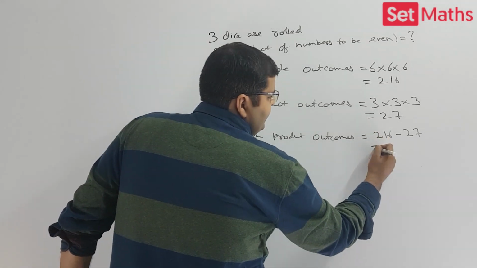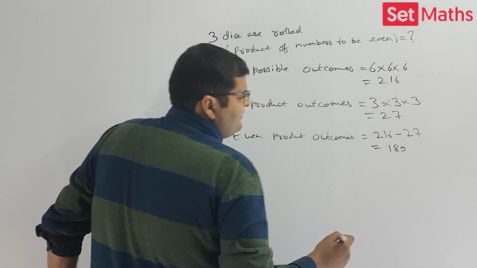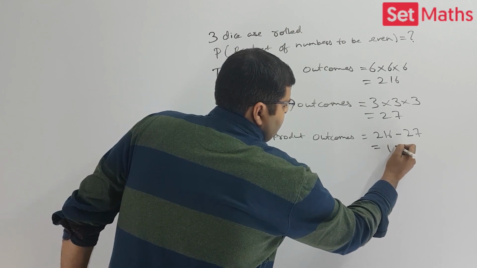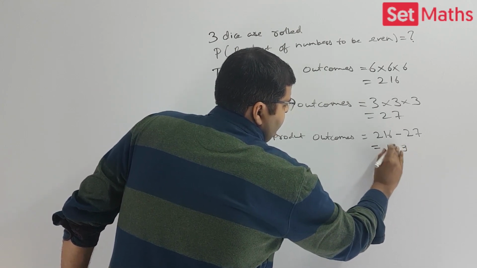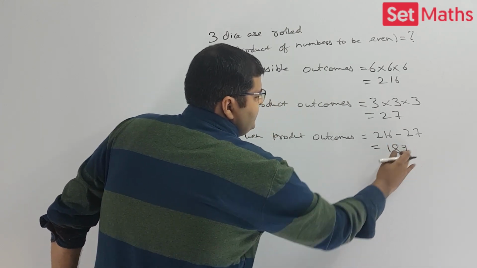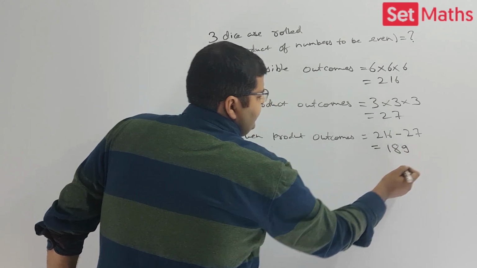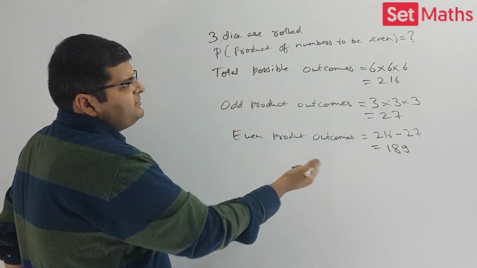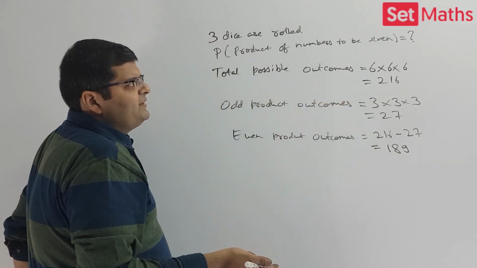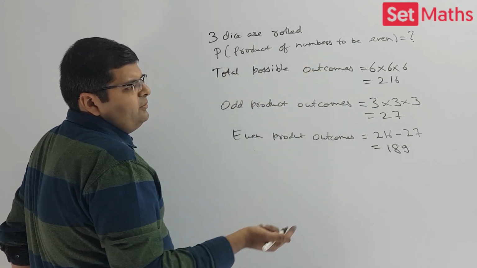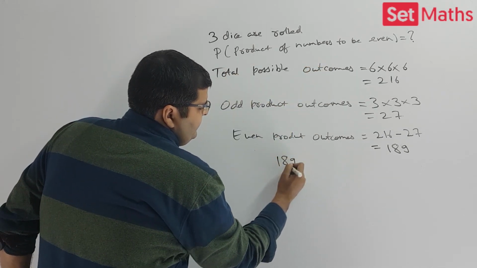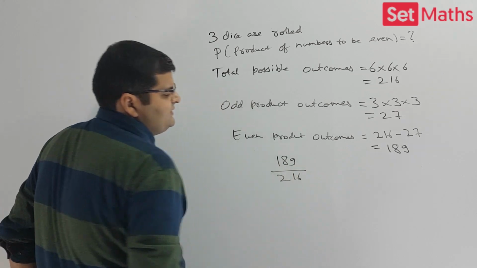So 216 minus 27 is equal to 189. So even product outcomes is 189, total outcomes is 216. So the probability for the product to be even will be 189 upon 216.